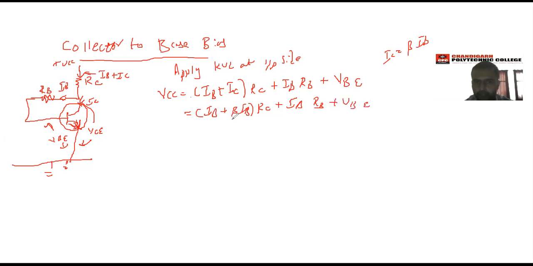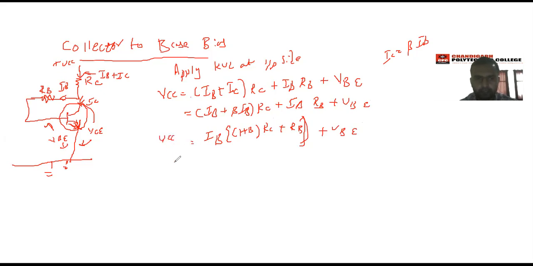As you know, here is IB, here is IB, and this is your IB. So IB is common among the three terms. So we can take the value of IB outside, and on the inner side, 1 plus beta multiplied by RC plus RB, plus VBE.